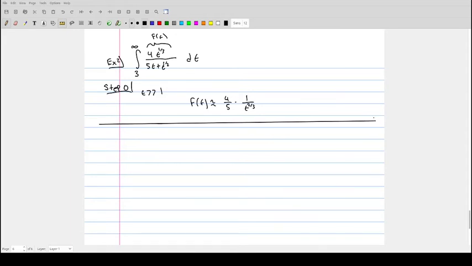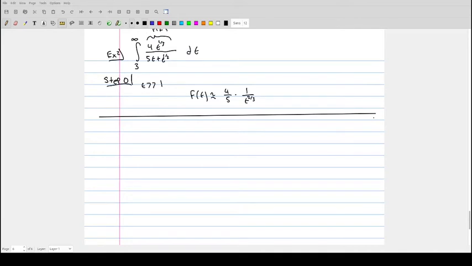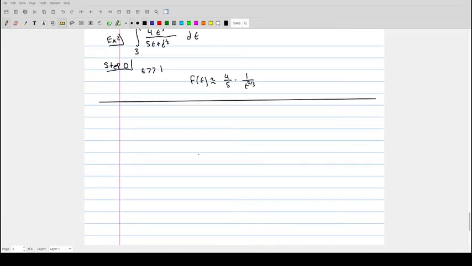And very often this is good enough to use. We can use this exact function as our comparison function. So step 1 is going to be to choose the comparison function.